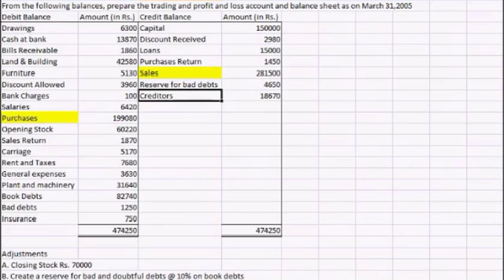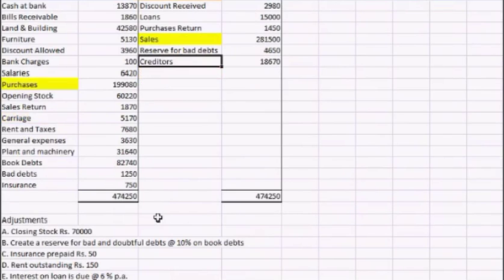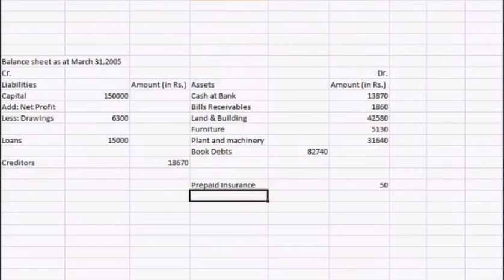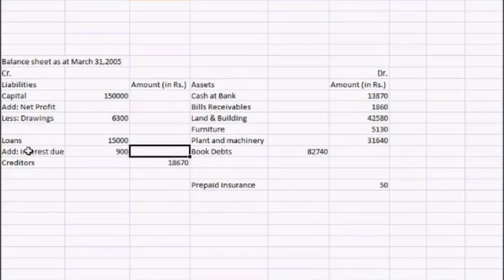So the next thing we need to do is we have adjustment for loans. You can see loans, so we have to add interest. Okay, interest due or interest outstanding, you can say. So this is 900 rupees. So the total amount is added, both of them.